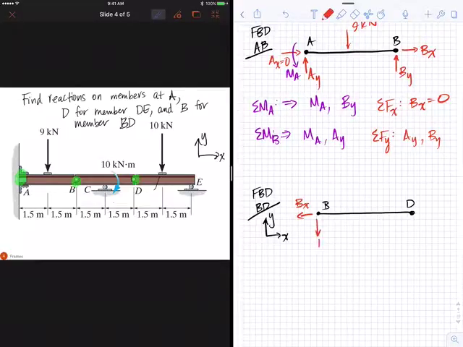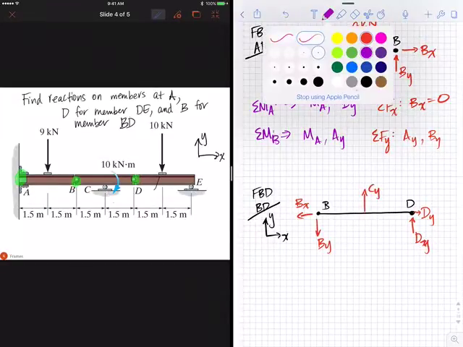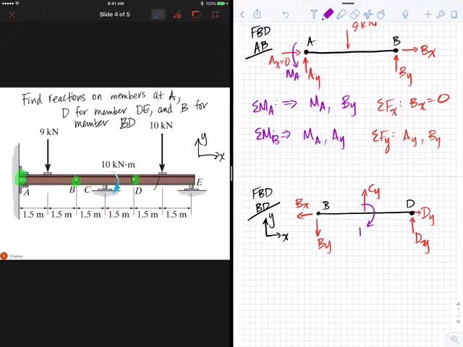So now I'm going to draw BY coming down, and then I get to pick DX and DY arbitrarily. And then we have CY right in the middle, and we have that external 10 kilonewtons.